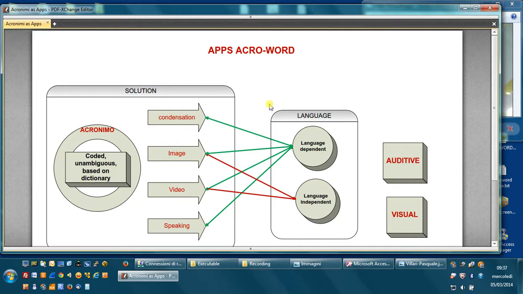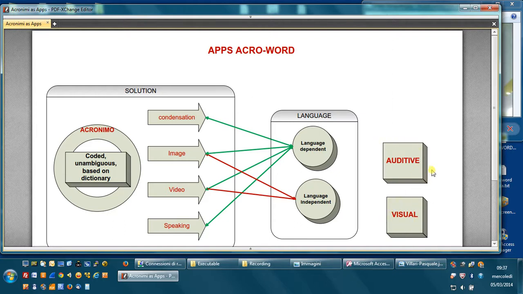Why do we have these different indications, this kind of representation? AcroWord started from thinking about the world of persons who have a handicap, problems in the auditive area or in the visual area.